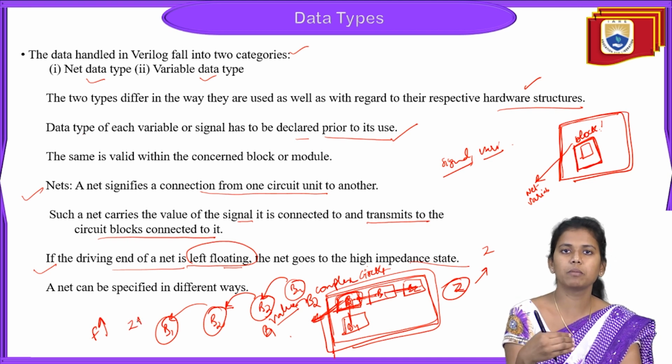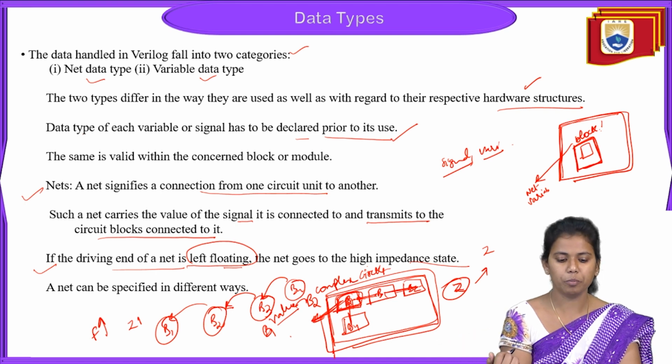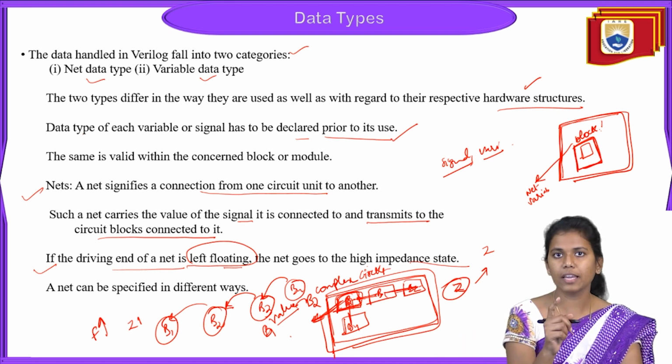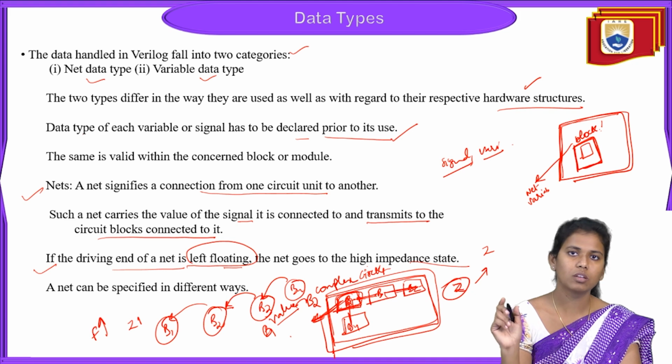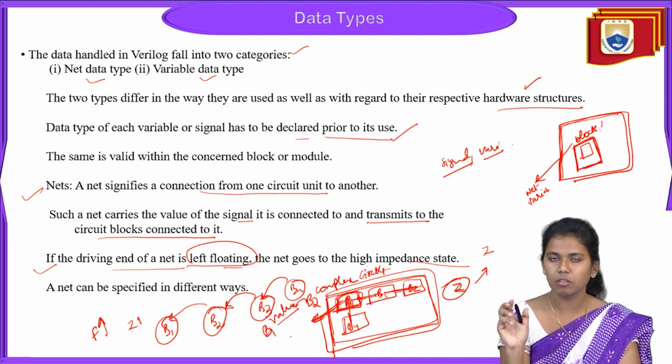If the floating is minimum, you see a constant output. But if the floating is high, always remember the particular circuit will be in a high impedance state.